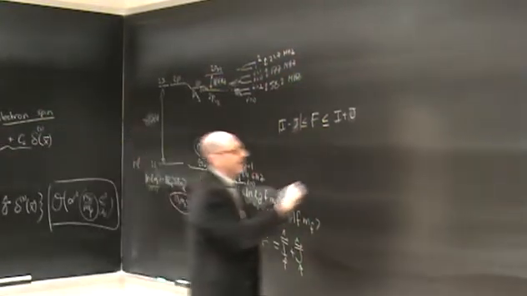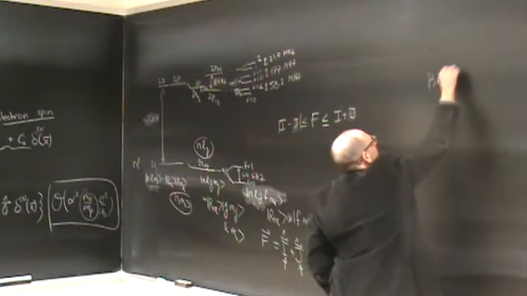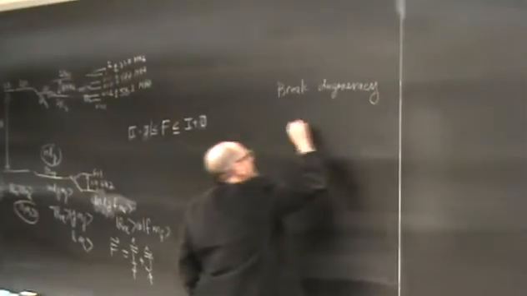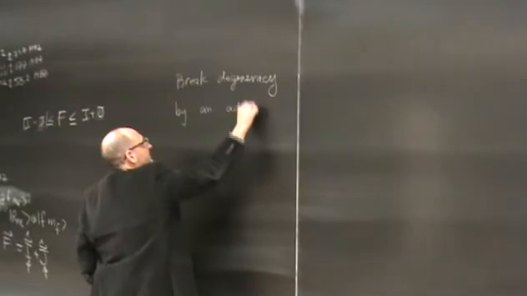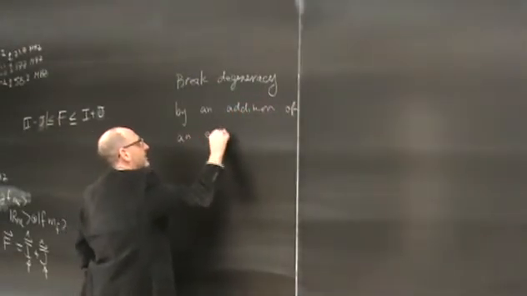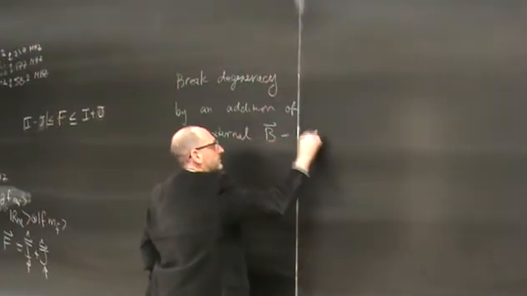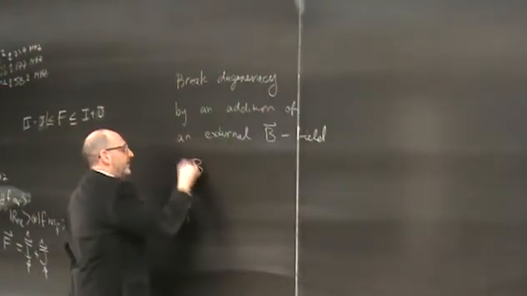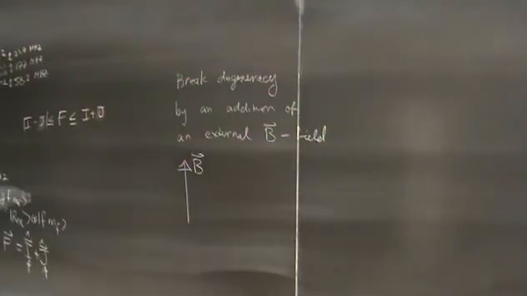Now, of course, we could break that degeneracy by an addition of an external B field. So now I put on a magnetic field in some direction, and there is a direction in space that's different from all the others.